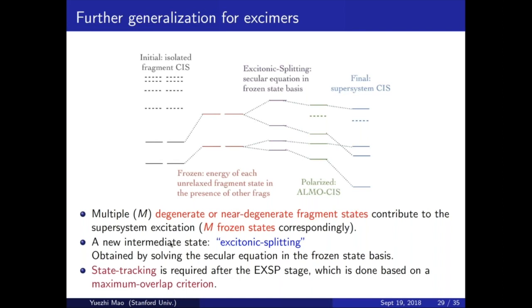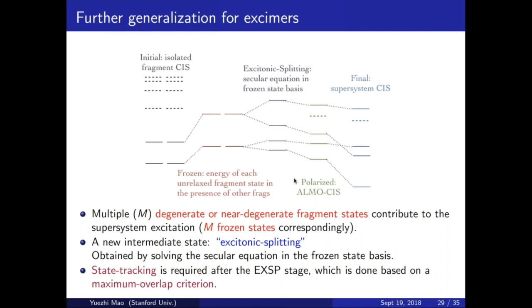And here we have a new intermediate state, which is called the excitonic splitting state, which is obtained by solving a secular equation in the basis formed by the frozen states. After the excitonic splitting stage, we will need state tracking in the EDA because the excited state is delocalized in the system.